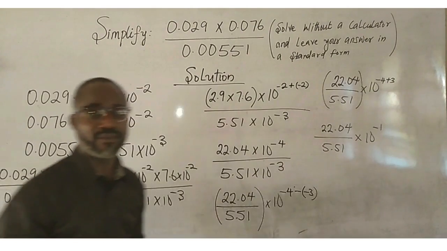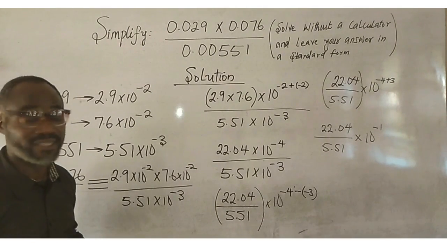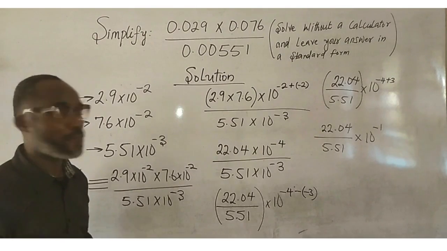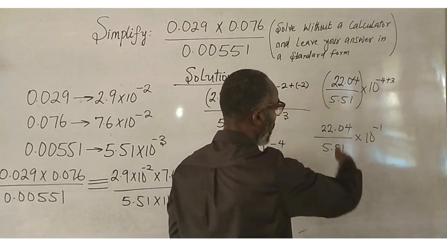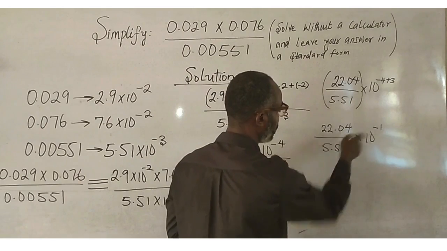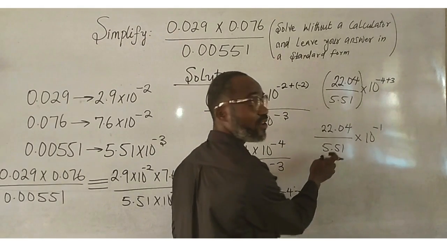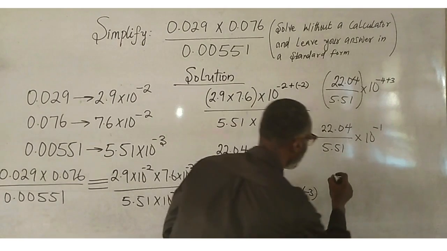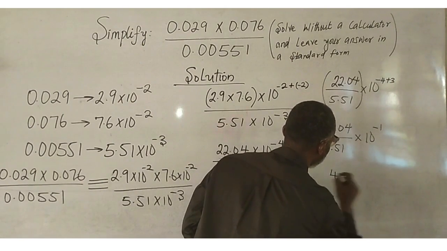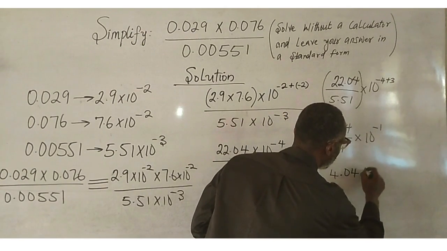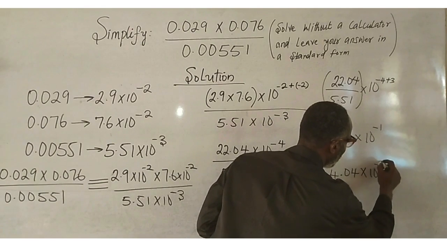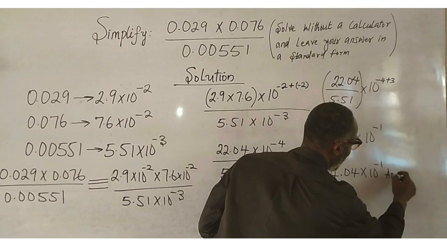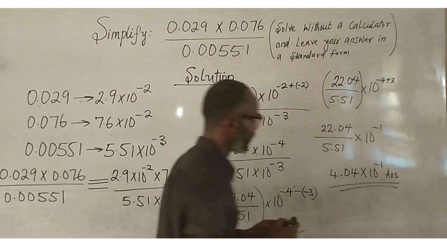Look at it. It's obvious. It's showing now, right? And finally, when we now do 22.04 divided by 5.51, we are going to have 4.04 times 10 minus 1. And this is our final answer.